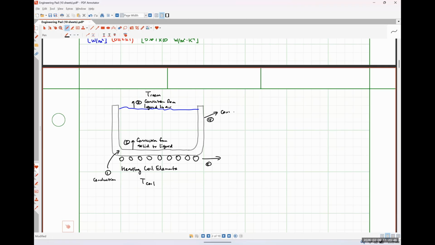Here we have convection from solid to air. And then lastly, we have radiation over here.